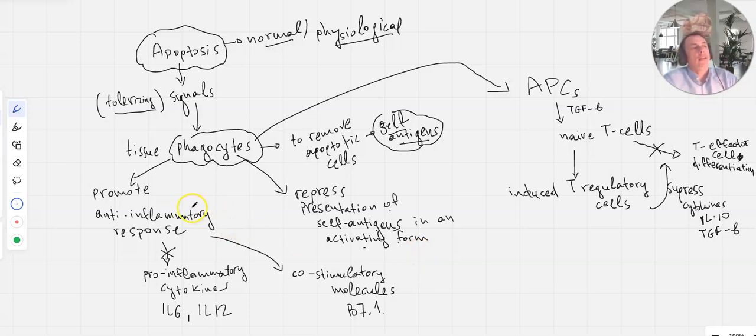If they didn't do that, the phagocytes would normally secrete pro-inflammatory cytokines IL-6, IL-12, and also co-stimulatory molecules like B7-1 and induce an autoimmune response, but they don't do that.